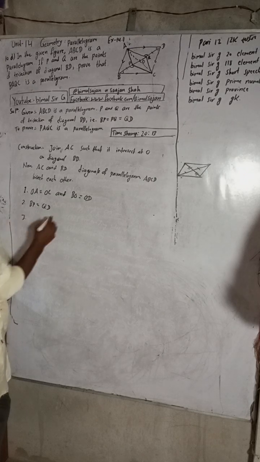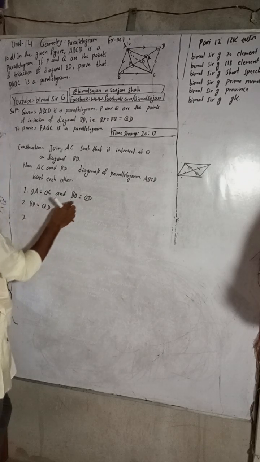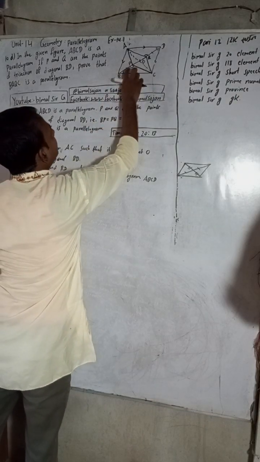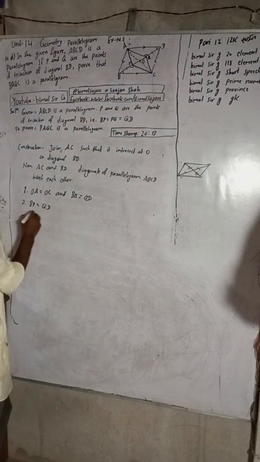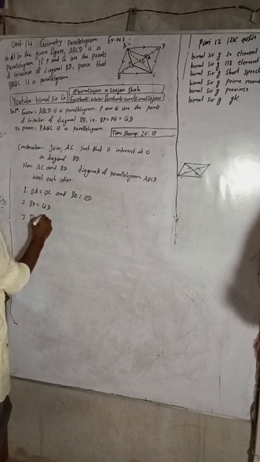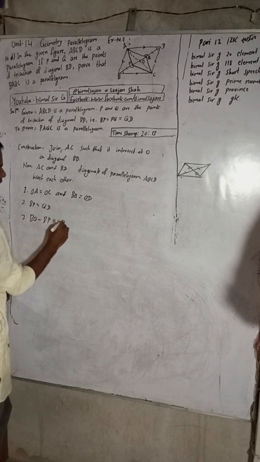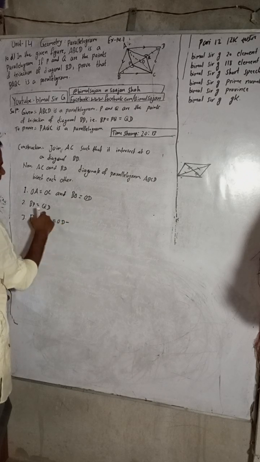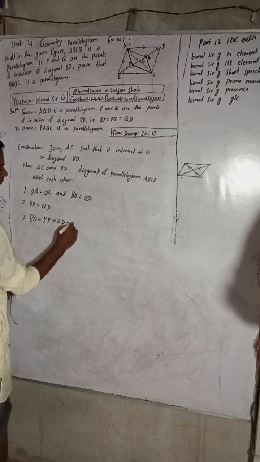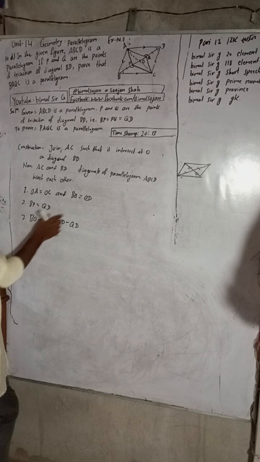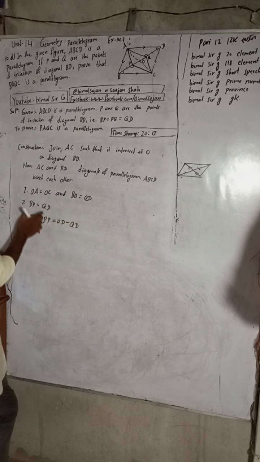In number three, this is our OD. From BO subtract this part: BO minus BP is equal to OD minus QD, because these both are equal, and from equal sides we can subtract equal parts.